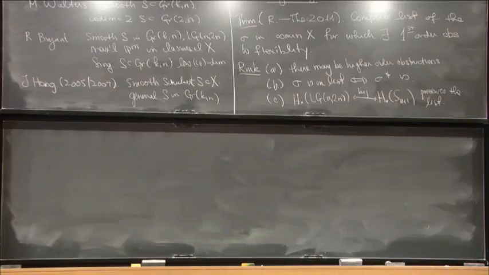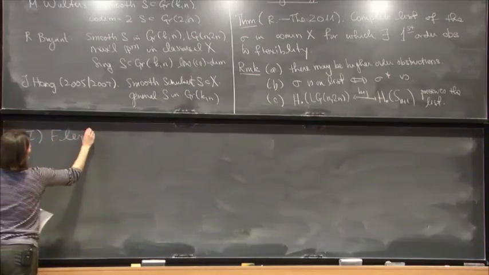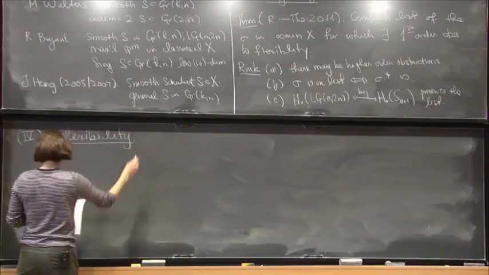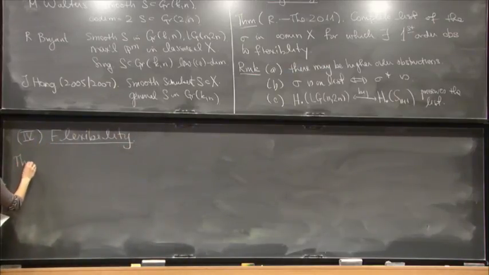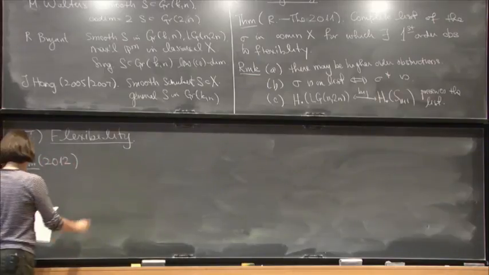That's right, because there could be higher order obstructions. But now let's address that. That's a good lead. So this is flexibility. Okay.